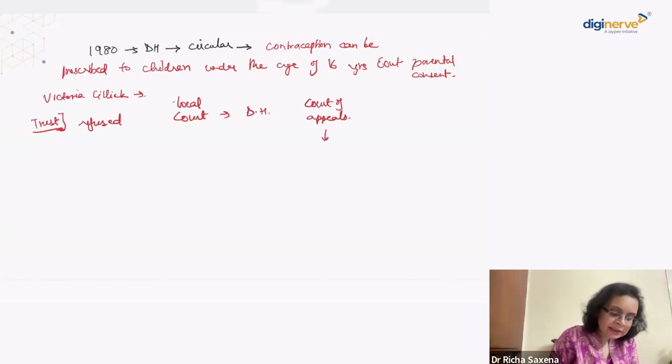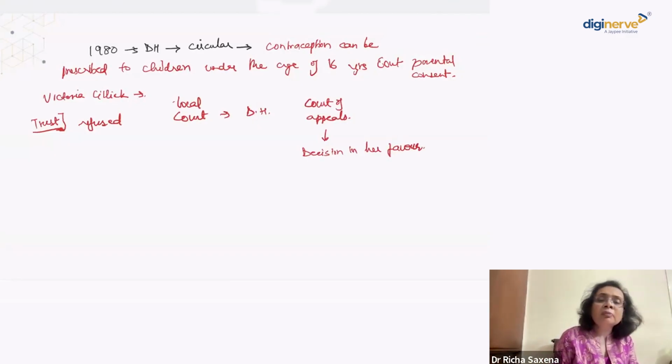And the Court of Appeal took the decision in her favor, meaning that the doctor cannot prescribe contraception to a child under the age of 16. Now this was against what the Department of Health had issued.